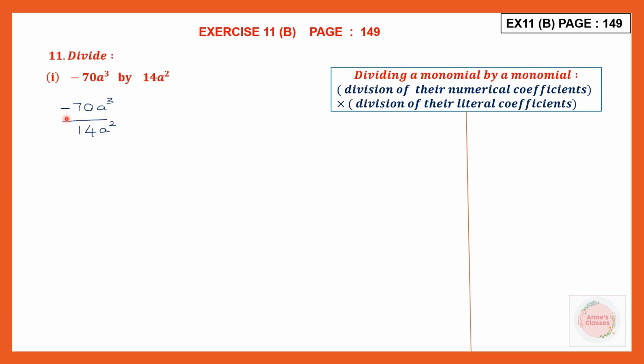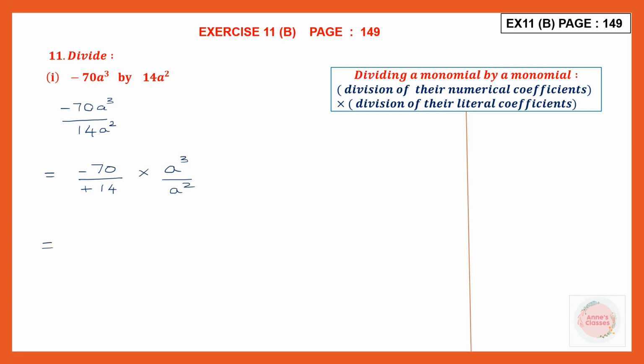Numerical coefficients are minus 70 and 14, and this will be plus 14. So we divide minus 70 by plus 14 and we multiply this with the division of their literals, that is a to the power of 3 divided by a to the power of 2.